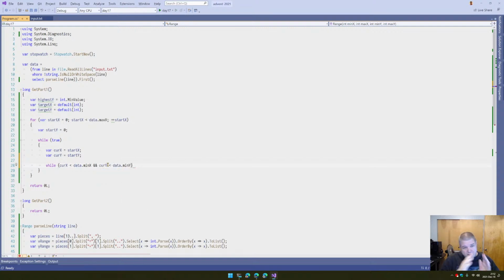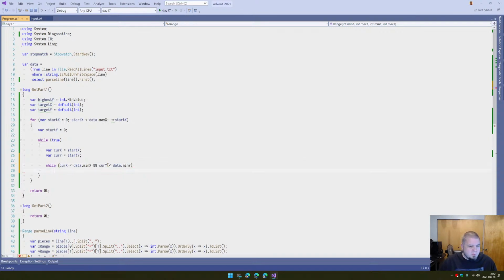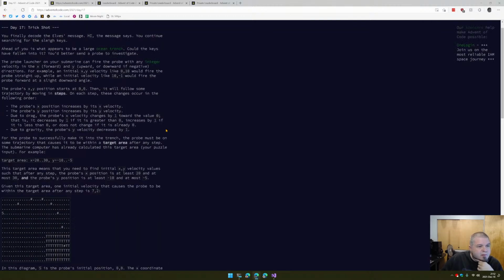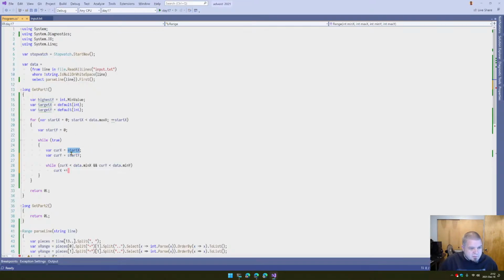So before we've failed or succeeded, we need current x. All right, so let's see. Probe's x position. Oh, x position starts at 0 and 0. So this is wrong. My bad. This is supposed to be 0 and 0.